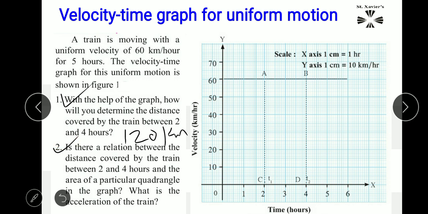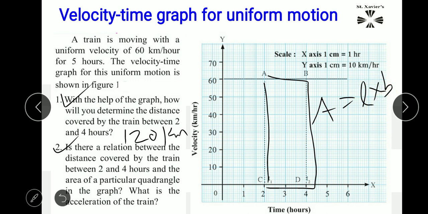Now the second one: is there a relation between the distance covered by the train between 2 and 4 hours and the area of a particular quadrangle in the figure? The quadrangle formed in this figure is ABDC, a quadrilateral. When you calculate the area of this rectangle, it is length into breadth.